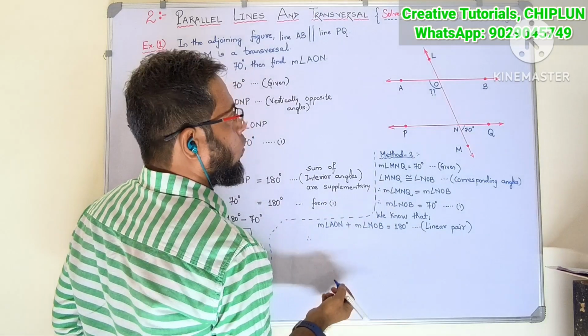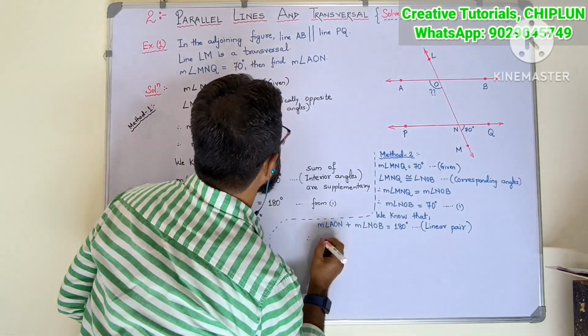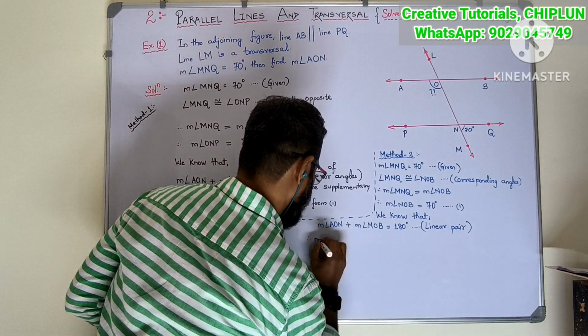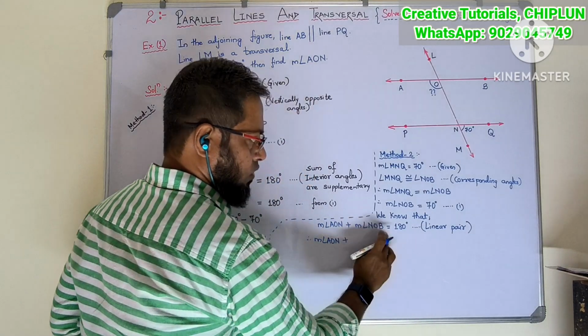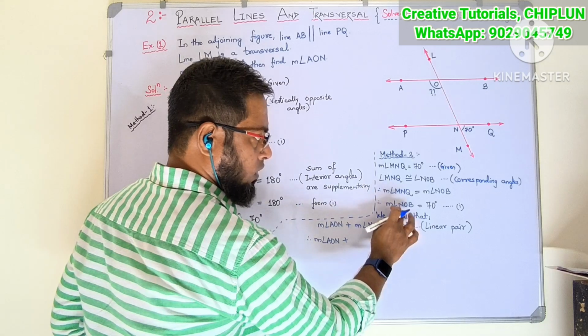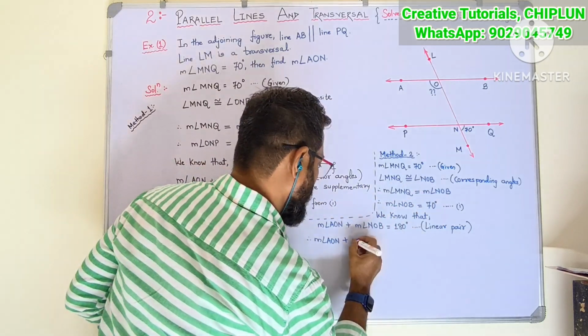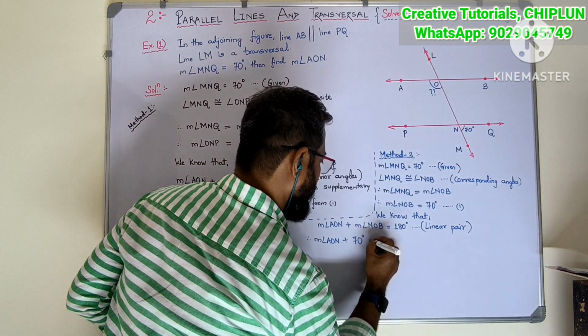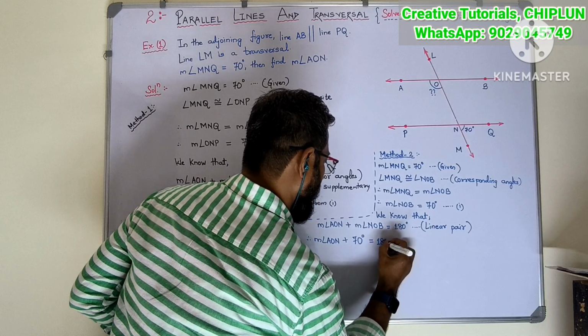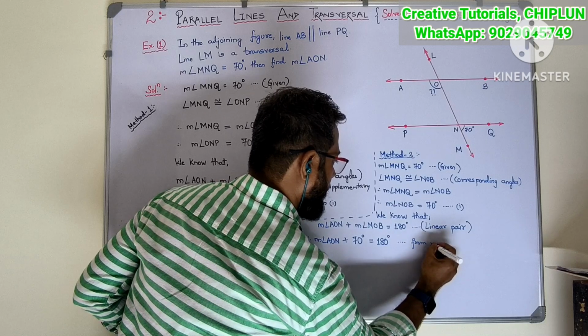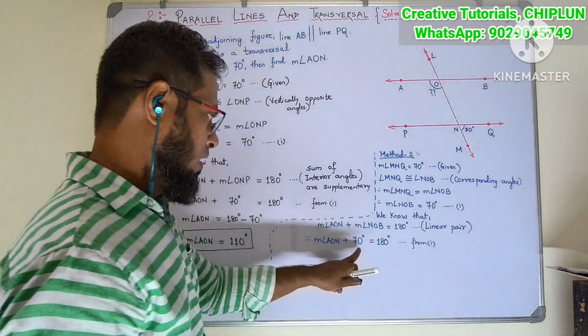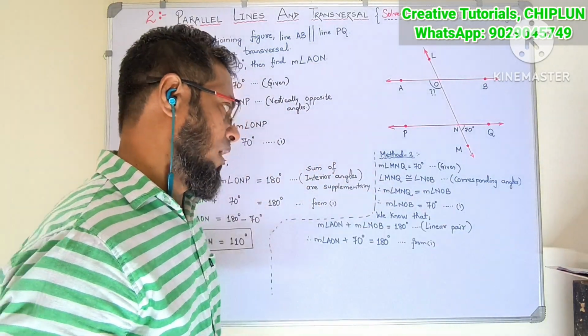Therefore, measure angle AON plus measure angle NOB, this we have got as 70 degrees from here. So I will write plus 70 degrees, this is equal to 180 degrees. If you want, you can write from 1, because this value I have got from statement number 1.